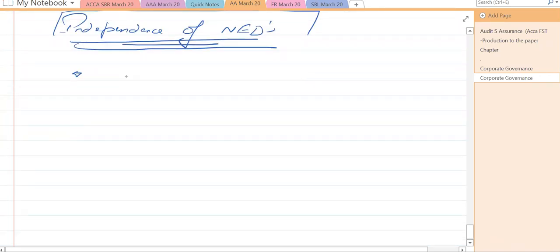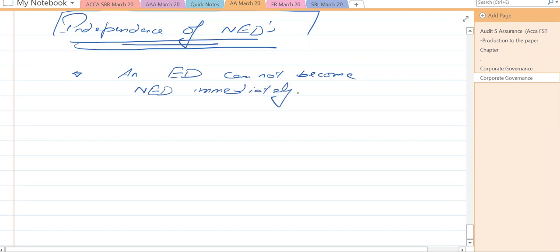First of all, an ED cannot become a NED immediately after retirement.